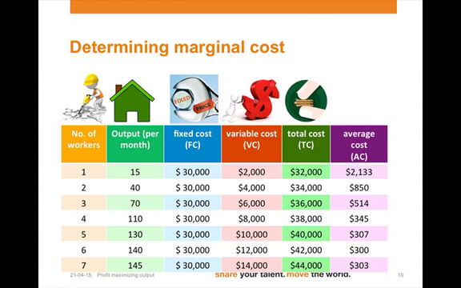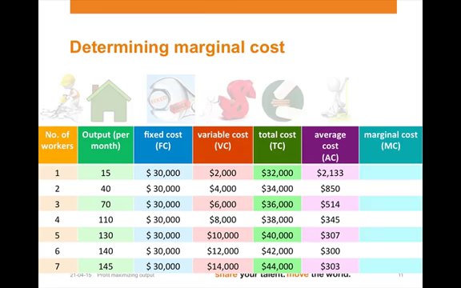This is where marginal costs are interesting to look at. We've seen that marginal cost is the difference in total cost divided by the difference in output. So here, the difference in cost is 2,000. The difference in output is 25. Therefore, the marginal cost is 80.